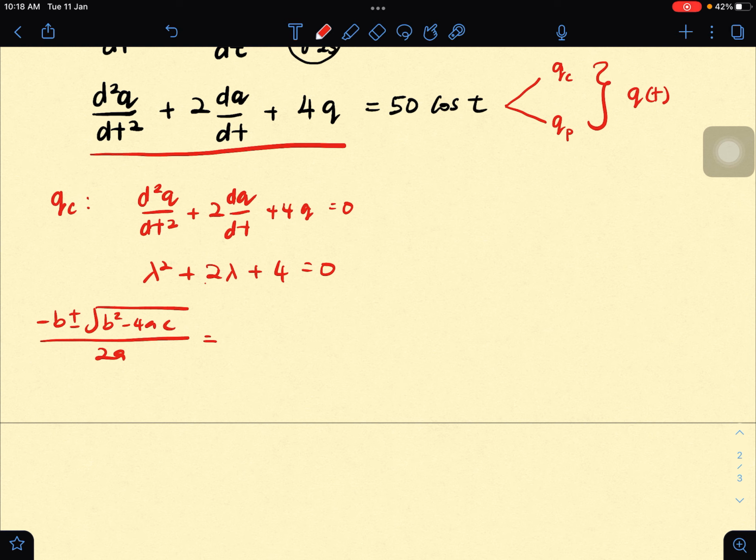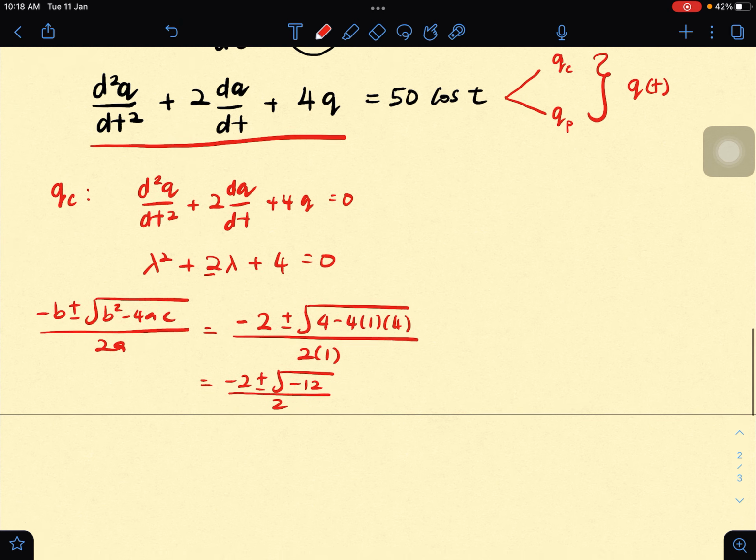Okay, so our b is 2, so negative 2 plus minus square root b square, so 4 minus 4ac, bahagi dengan 2a, 2 darab 1. So we have negative 2 plus minus dalam kurungan 4 tolak 16 adalah negatif 12 bahagi dengan 2.